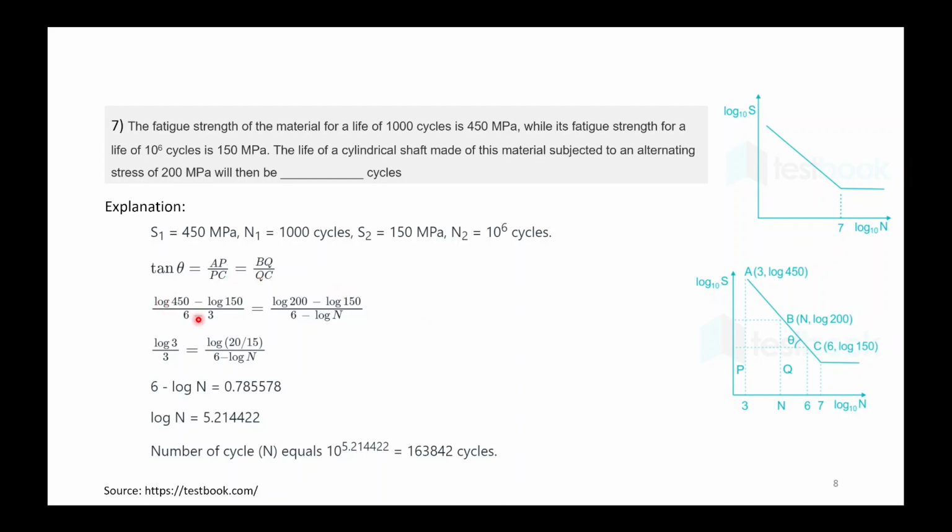So using that, we can equate this equation: log 450 minus log 150 divided by 6 minus 3, and we can equate this by saying log 200 minus log 150 divided by 6 minus log N. Now we can find out the value of N, which will be the number of cycles. So it will be 1,63,842 cycles.